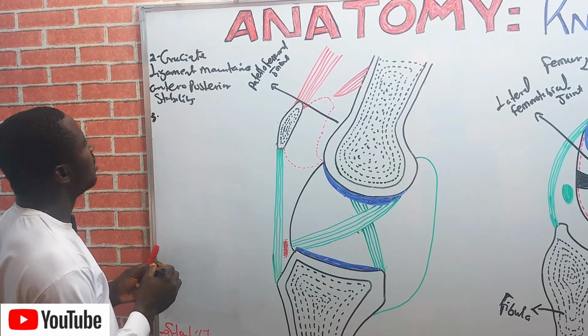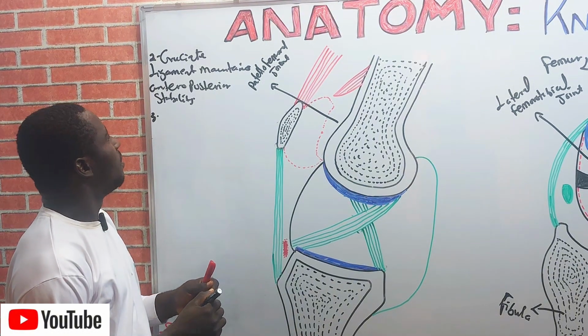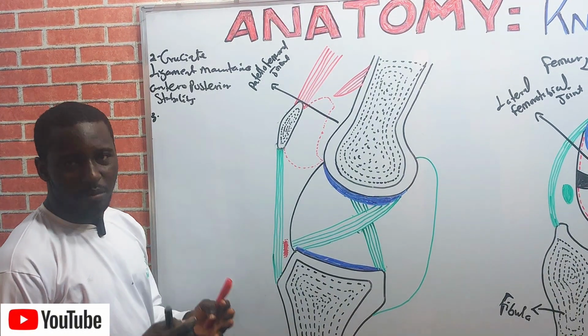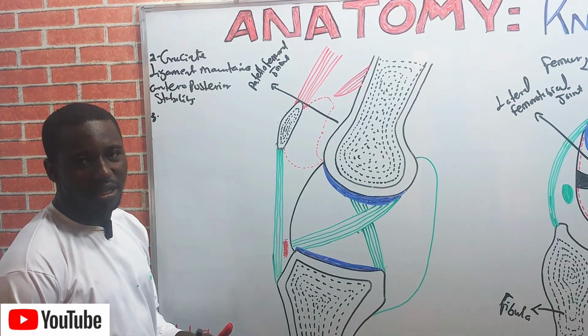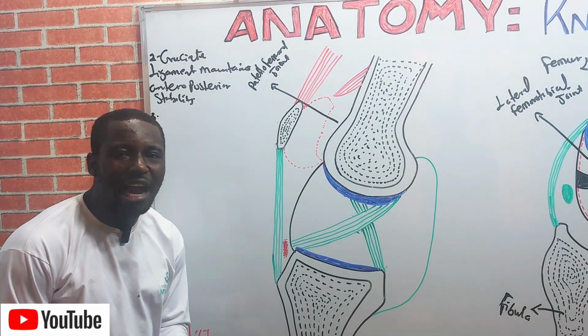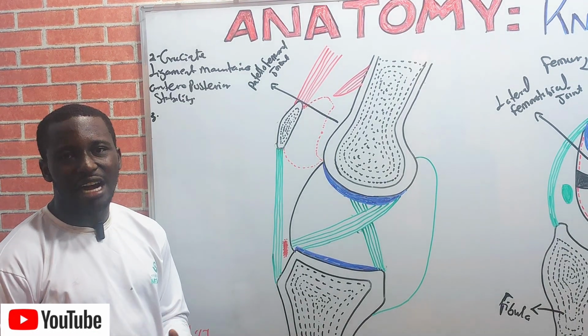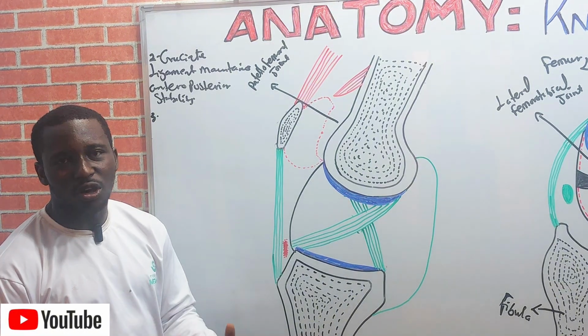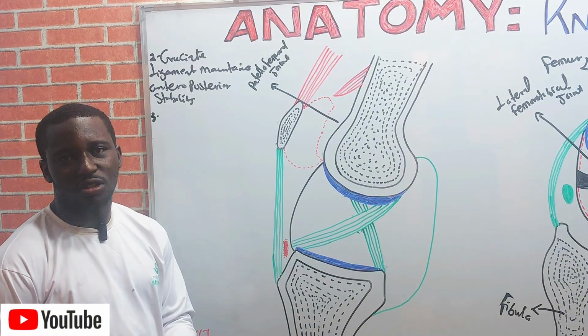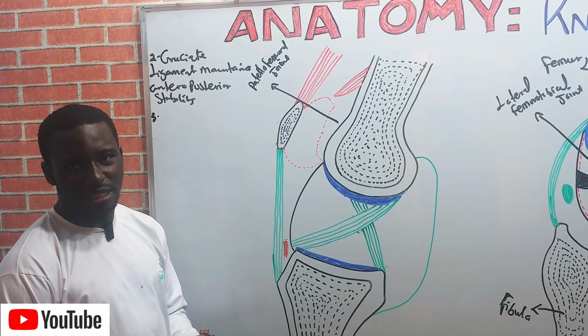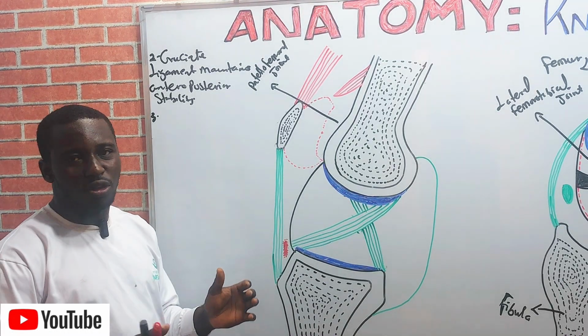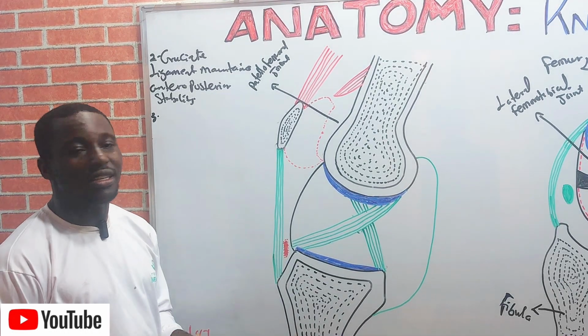The number three is the collateral ligament, which maintains side to side stability. We have the medial and lateral collateral ligaments, which can be called the fibular and tibial collateral ligaments. The fibula is lateral, the tibia is medial. They help to maintain side to side stability.